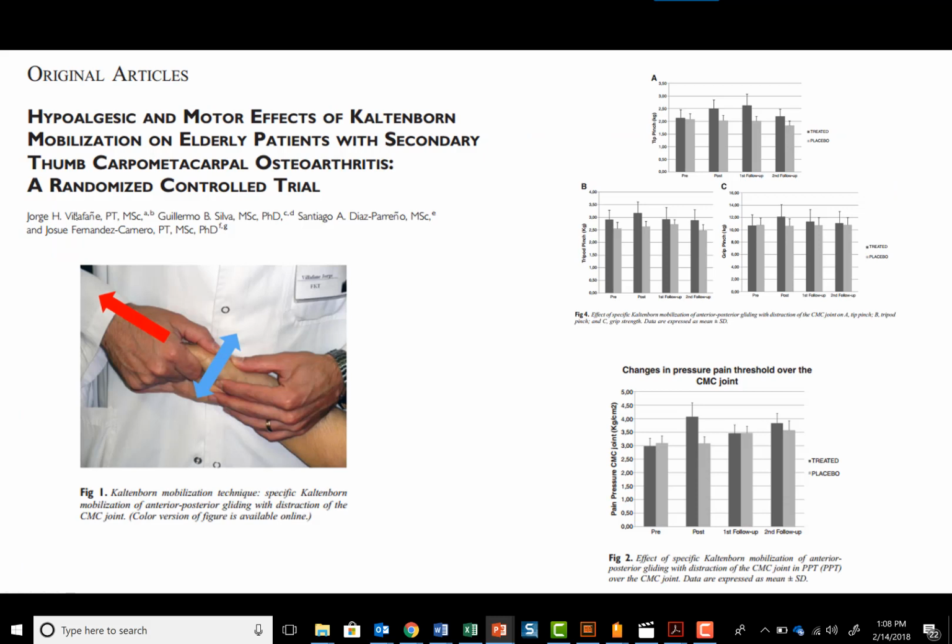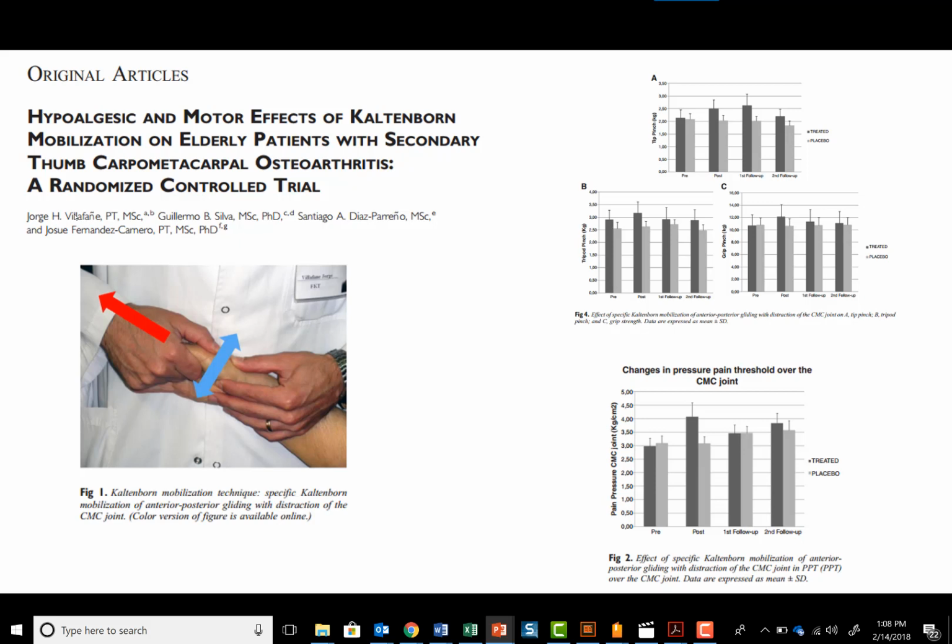So that's cool. And this is the same author again. This guy studies thumb CMC osteoarthritis. I think he's maybe Spanish. But the local mobilization of that CMC joint apparently has some hypoalgesic effects.